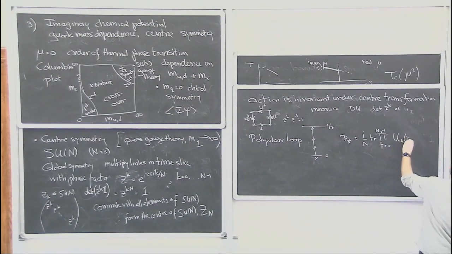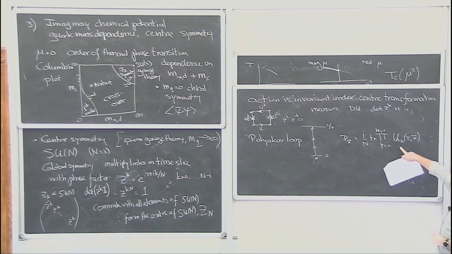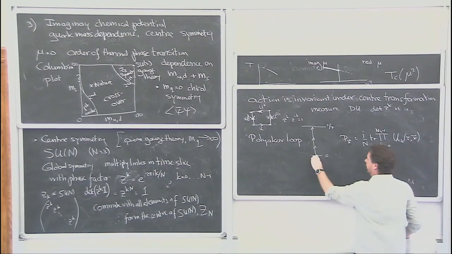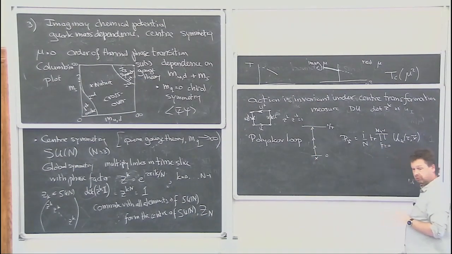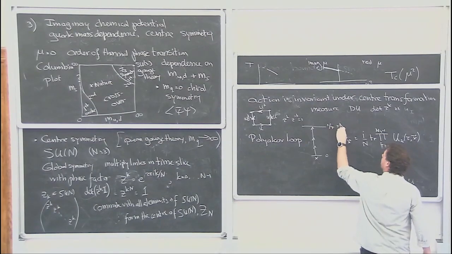I'm now writing the element as an argument of the function. So this means I take all the links in the temporal direction at a given space point x, and I multiply all these links along the time direction until I'm all the way at the other end of the lattice. So this is NT.